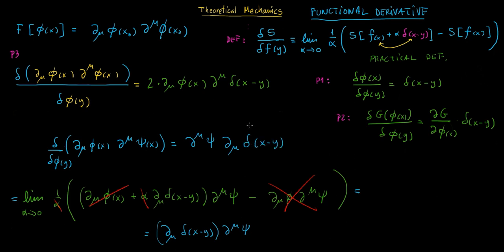This delta, by the way, is the four-dimensional delta. The notation here is delta x minus y.